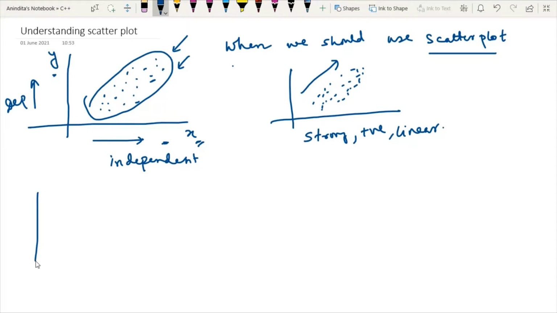Now, if you find a plot like this, you can say that the relationship is strong because the data points are near to each other, and this kind of relationship is non-linear.